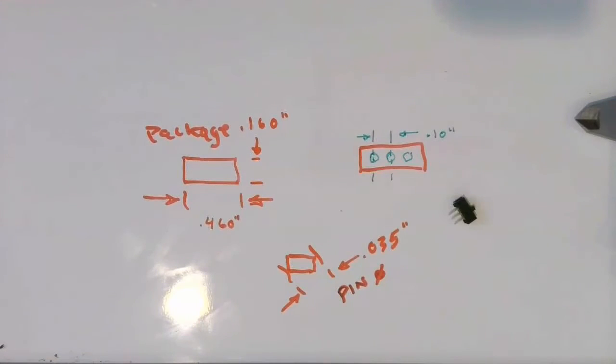Okay, so now we have enough information to actually create the package for the device. Now, one of the things that's important is that when we look at this dimension here for the pin diameter, again, I measured because it's a rectangular pin, I measured it at a diagonal to make sure I have the largest value.